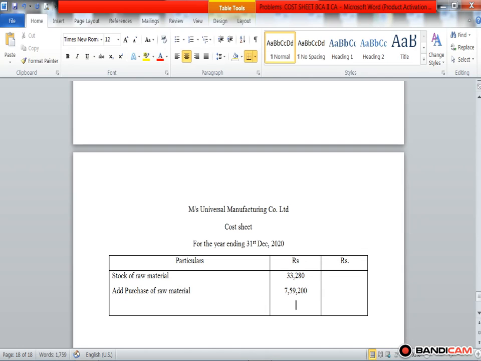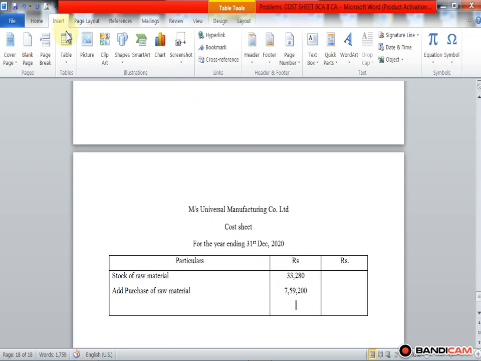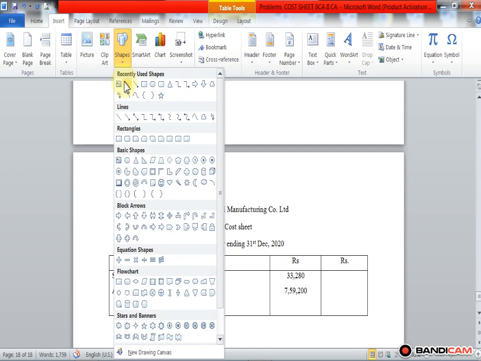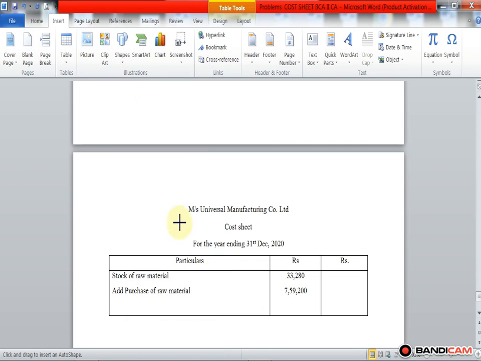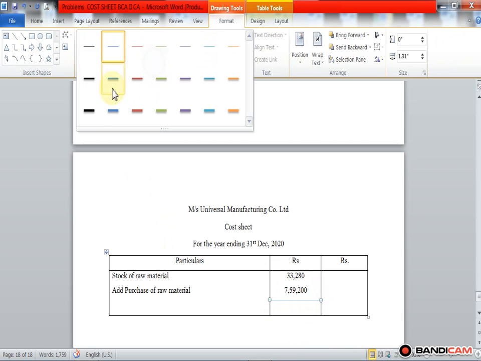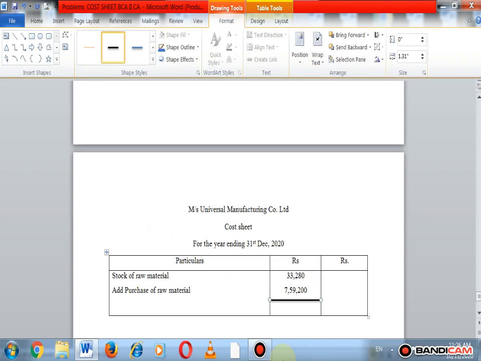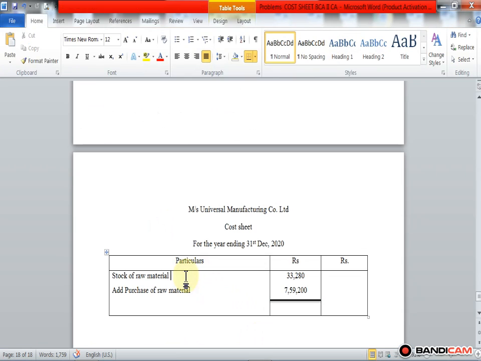Okay, so we make a total of these two items, because the expense is not incurred for purchase of raw material alone.